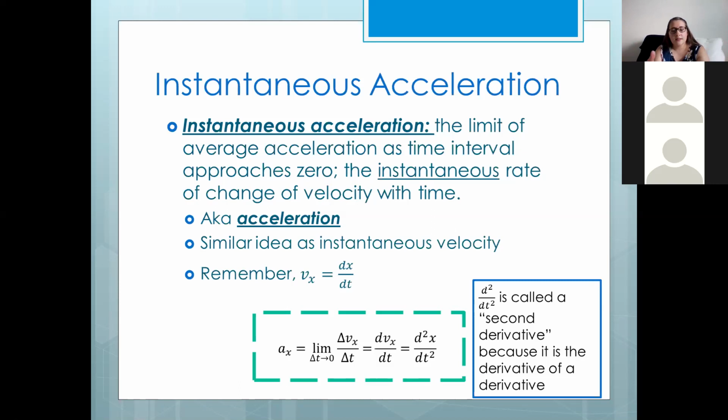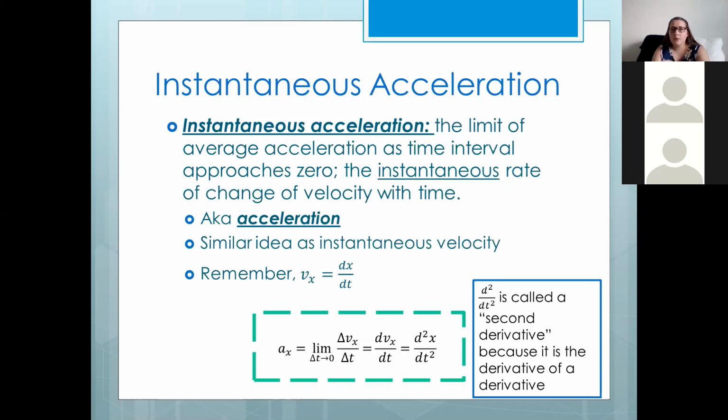So our instantaneous acceleration is the limit, as our time interval gets smaller and smaller and smaller, of our change in velocity over change in time. And that's a derivative as well, right? So this is actually the derivative of velocity over time, dv dt, or dvx dt, since we're just dealing with horizontal things right now.